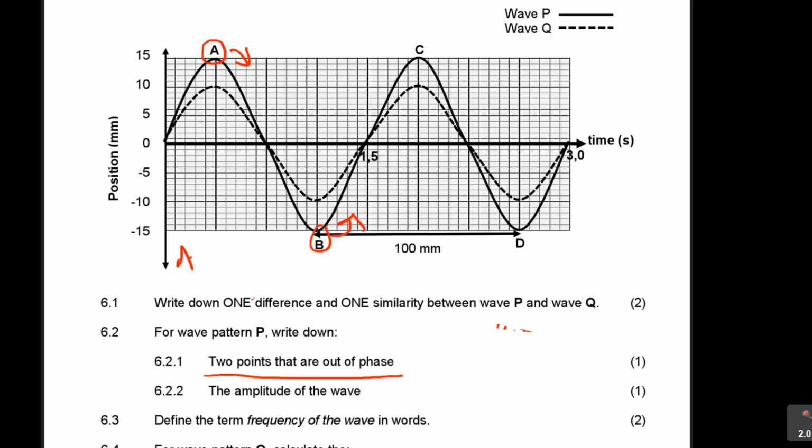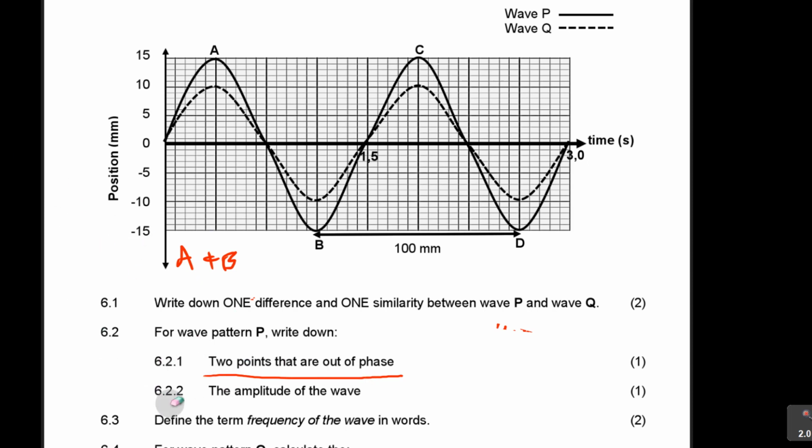So you can say A and B. Or you can say B and C. Or you can say C and D. Or you can say A and D. They are out of phase. Okay, if they were saying in phase, A and C are in phase, B and D are in phase, you see.